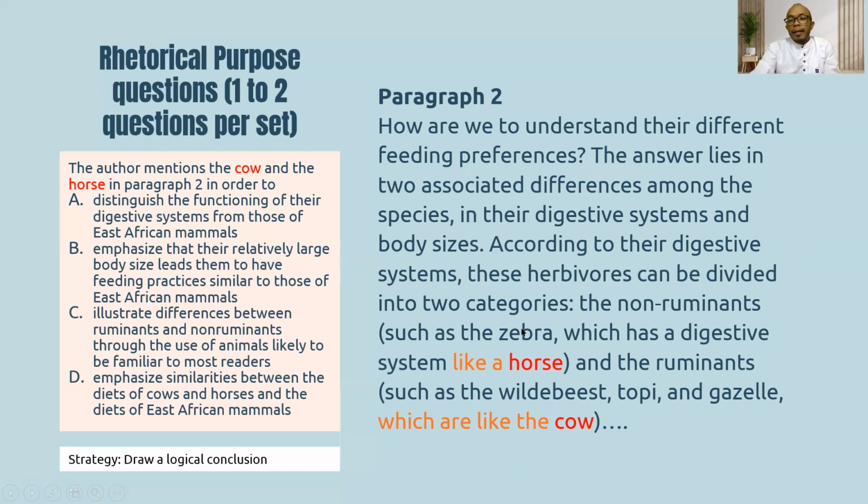And here, if you read it carefully, the author mentions horse and cow here to explain in a more familiar illustration to the readers, right?